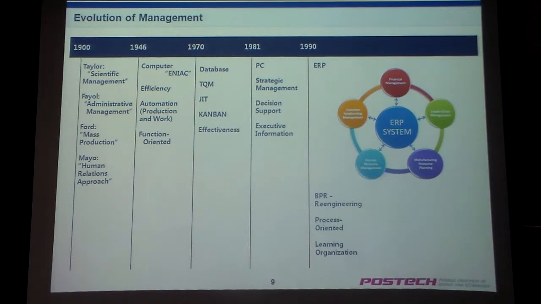So an ERP system is an information system which covers cross-functionally and cross-layer. So this is a more integrated information system for the organization which has gone through the BPR process.